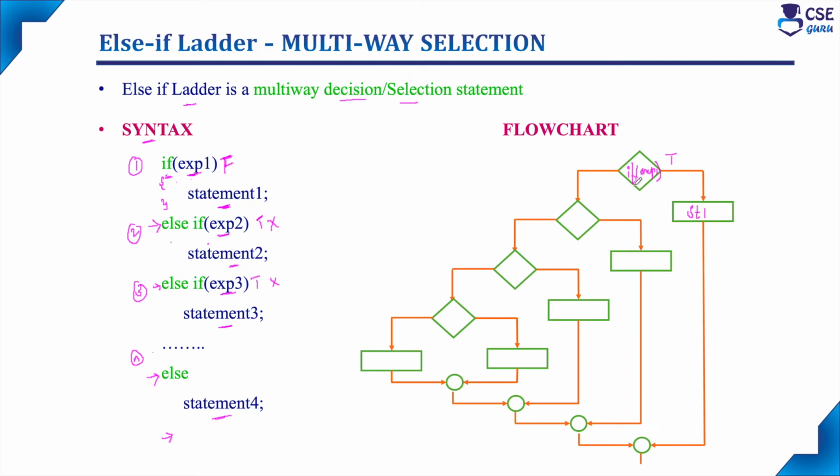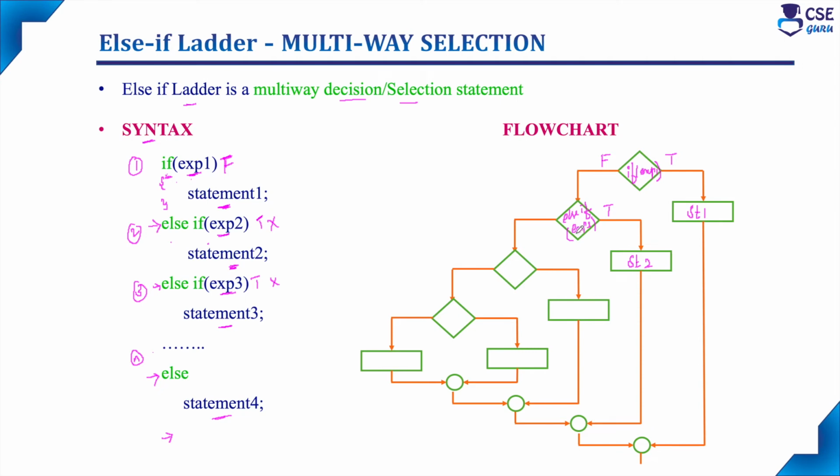Suppose this if condition is evaluated to false, control will transfer to the next else if part. So here else if, it will check the next condition, expression 2. If this expression 2 is evaluated to true, only the statement 2 part will execute. It may be a simple statement or a compound statement. After execution of statement 2, control will transfer out of the else if ladder and execute the remaining code.